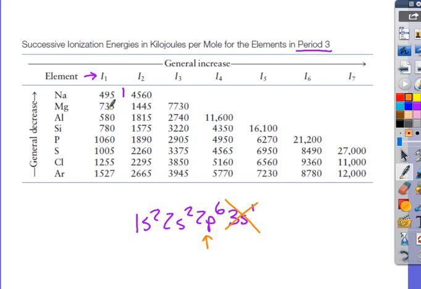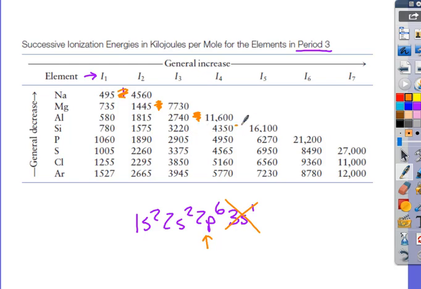For magnesium, notice it has 2 electrons that come off relatively easily. The second one always requires more than the first one because I am still taking it from a positive ion. But after 2, I'm taking core electrons, which are going to require a lot more energy. Aluminum, since it has 3 valence electrons, notice I have a huge jump in energy here.